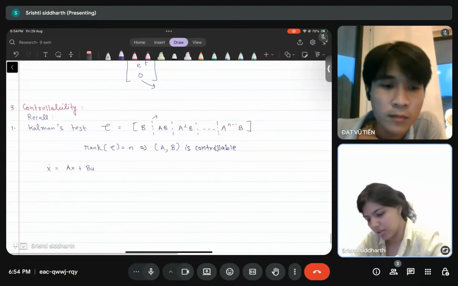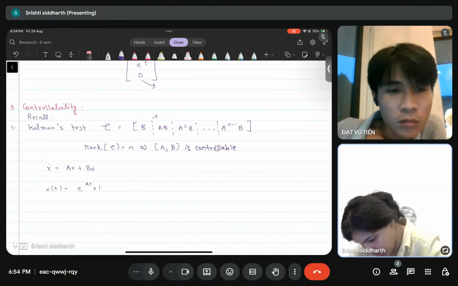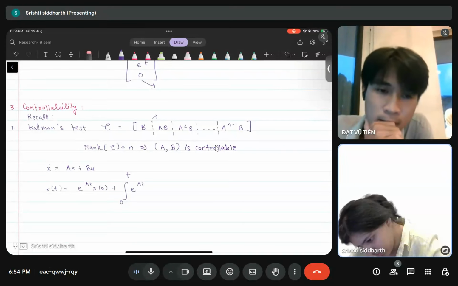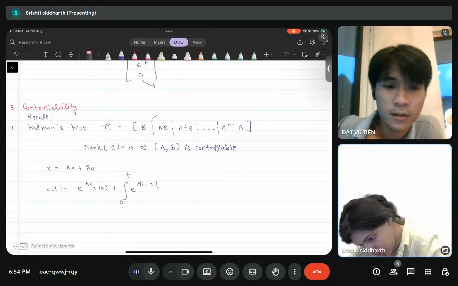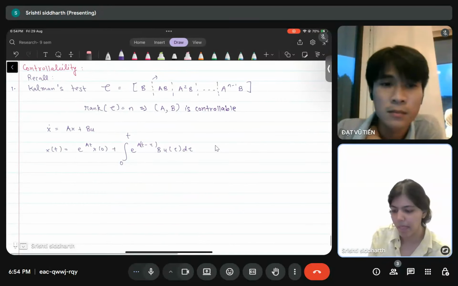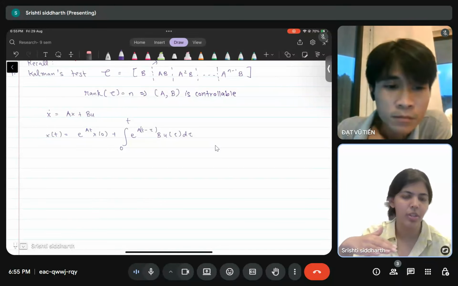input. So x of t is this going to be t minus tau. Right. So let's say that the initial condition was zero, right?